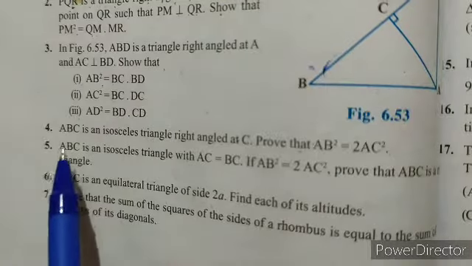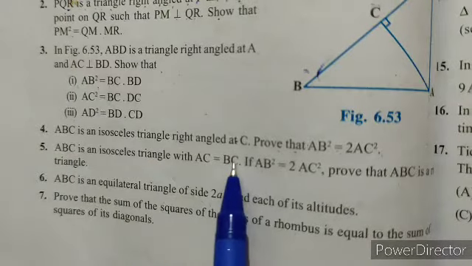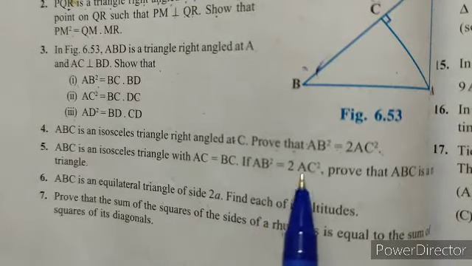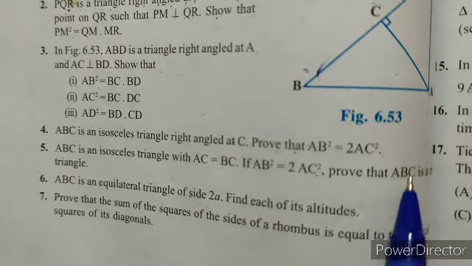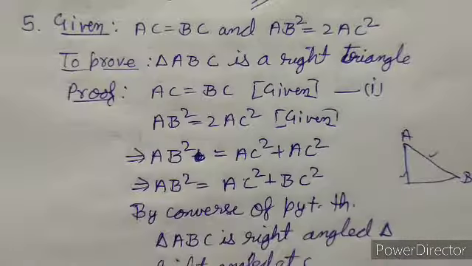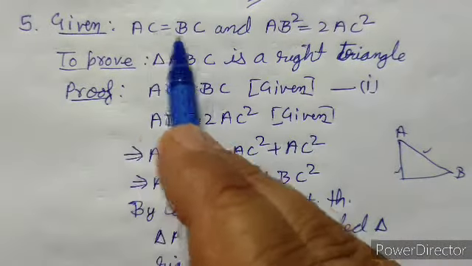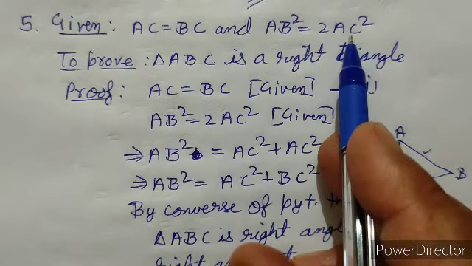Now in question number 5, triangle ABC is an isosceles triangle with AC equal to BC. If AB square equal to 2AC square, prove that ABC is a right angled triangle. Here AC is equal to BC and AB square equal to 2AC square is given to us.